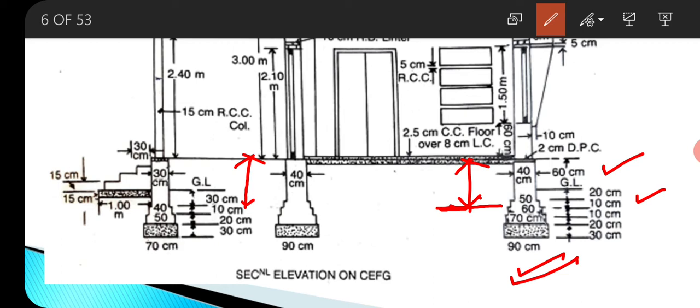So for the 10 centimeter depth, we will subtract on one side 30 centimeter width, and for the main wall side, 50 centimeter width. Then for the rest part, we will subtract 30 centimeter and 40 centimeter. Clear?